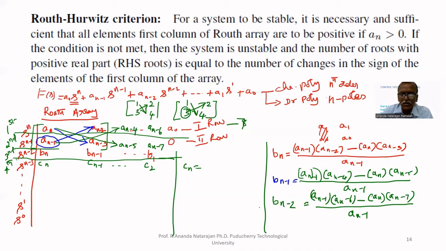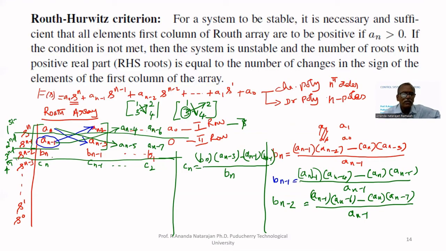Same procedure. cn equal to bn multiplied by an minus 3 minus an minus 1 multiplied by bn minus 1, divided by bn. That's all. The same way.